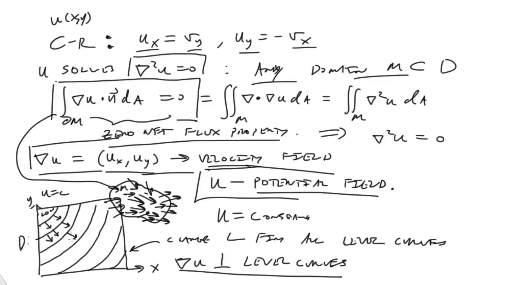It's pointing up to higher values of C, like so. That's just one example I have written here. So that's one way to understand what U is telling us in terms of steady state fluid flow. Okay, all right, so with that example, let's now go to V.